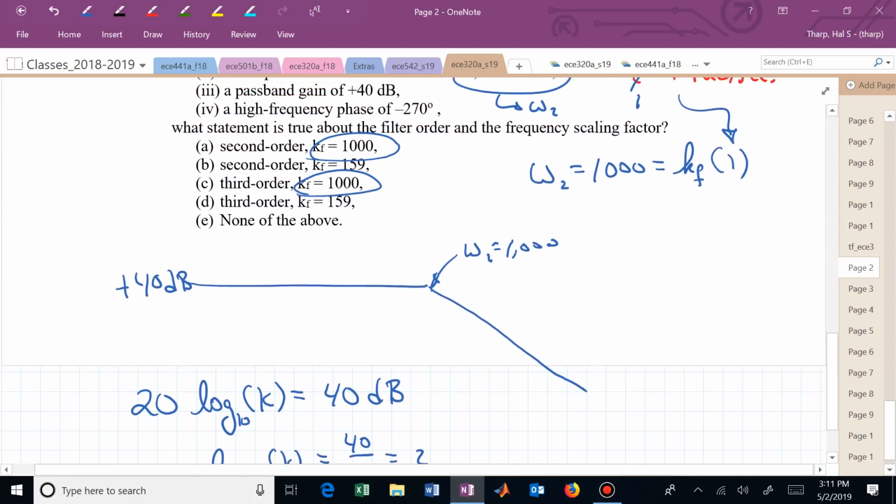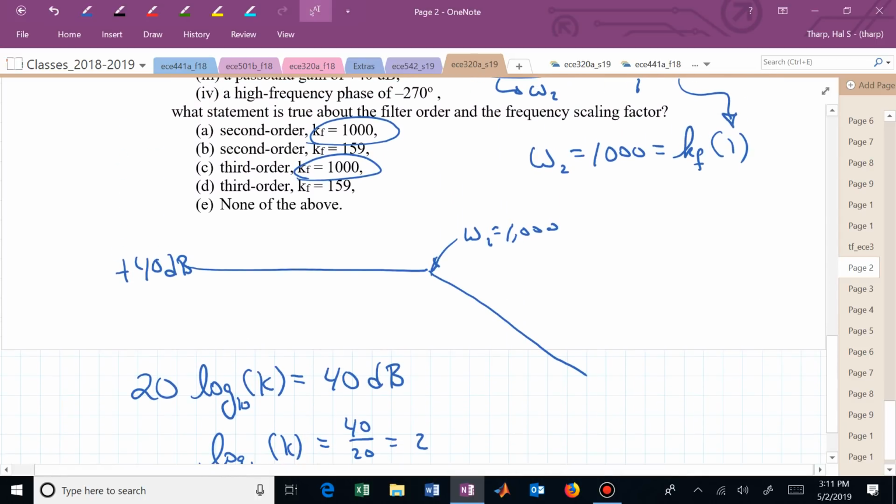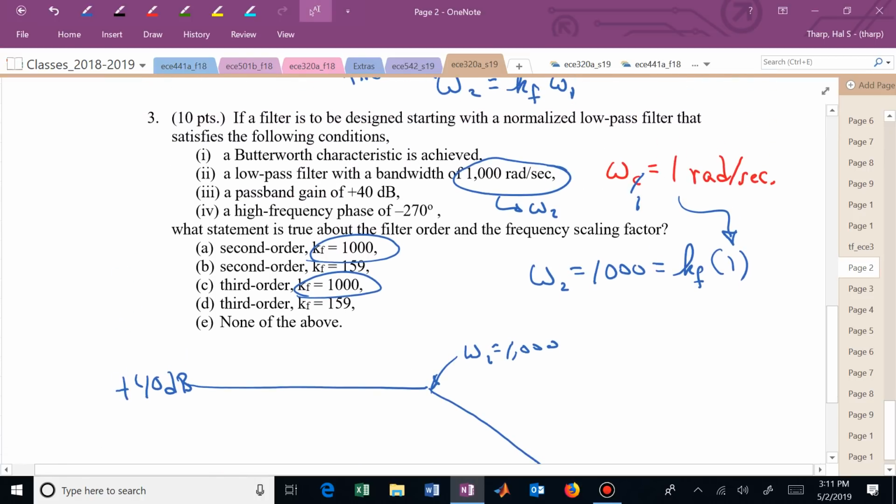But that doesn't depend on the filter order. That's a red herring. That's just additional information in this problem that you don't need to determine the filter order. What else were we given? And what you may have seen in that is you may have locked into 40, and we do have the possibility of going up or down by 40 dB per decade in magnitude slope.